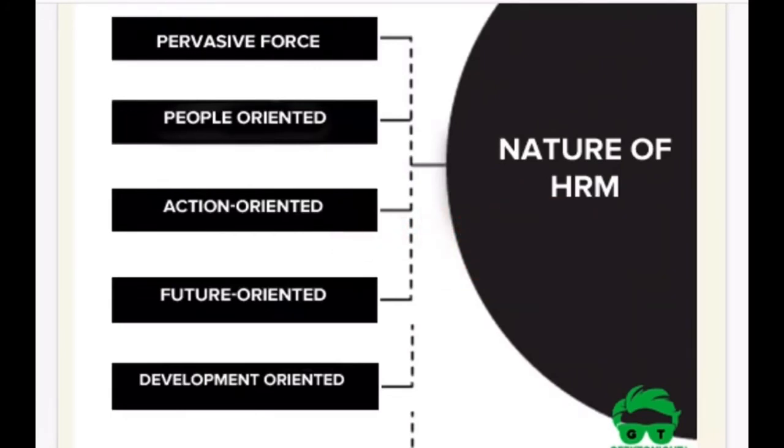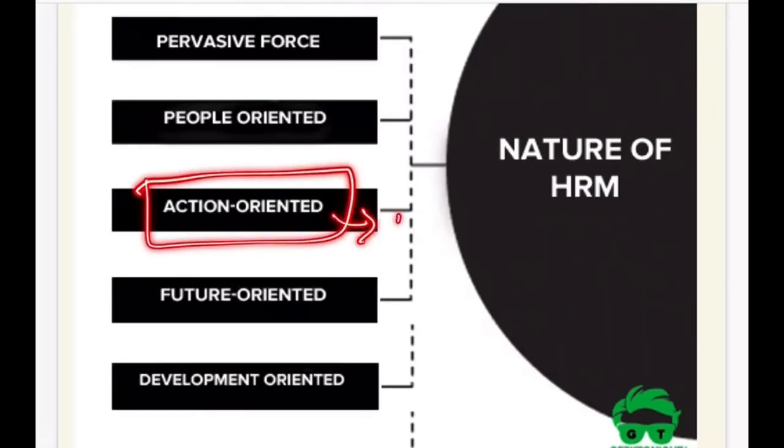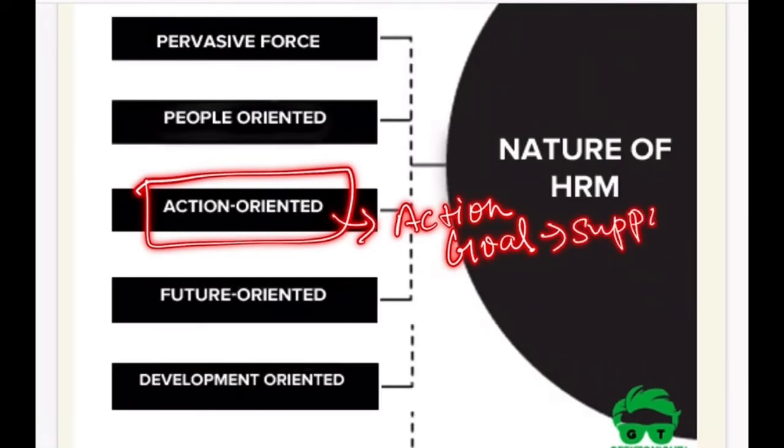It provides an effective and timely solution to the employees for any problem, their tension, or any controversies faced by them. Our focus is action. We want to achieve the goal. For that, we support employees.